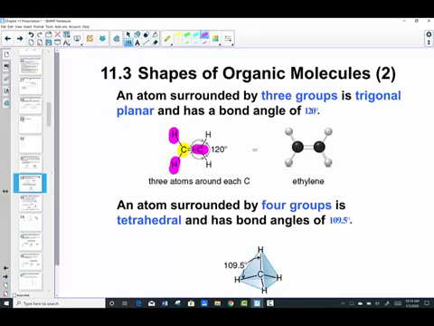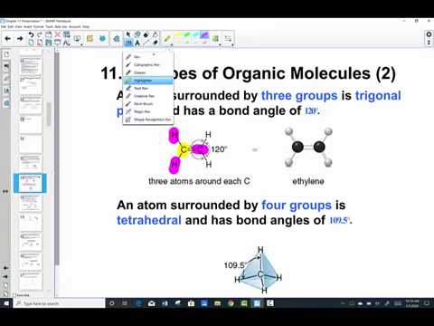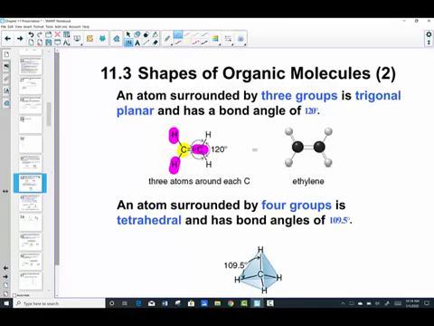The carbon highlighted in yellow is surrounded by three atoms. It has a molecular geometry known as trigonal planar, which means it truly lines up like an equilateral triangle. The three attachments to that central carbon all lead out to an equilateral triangle, giving it bond angles of 120 degrees around all parts of that triangle.